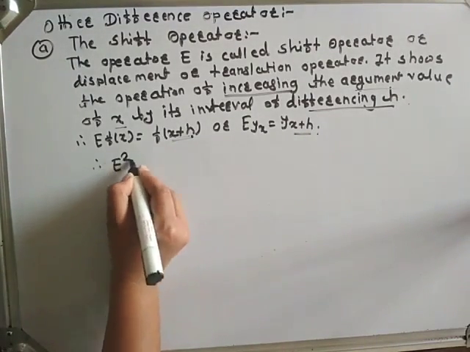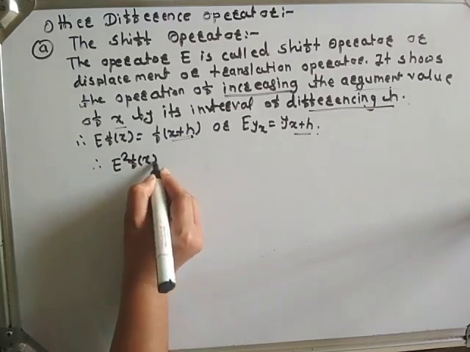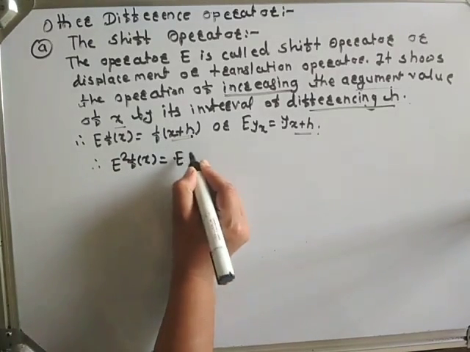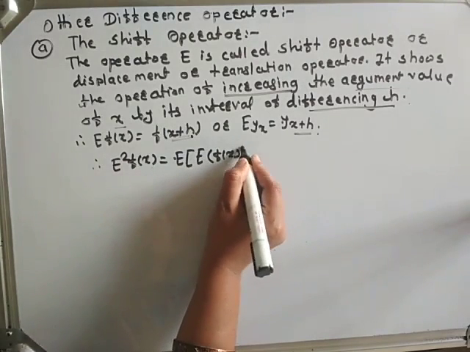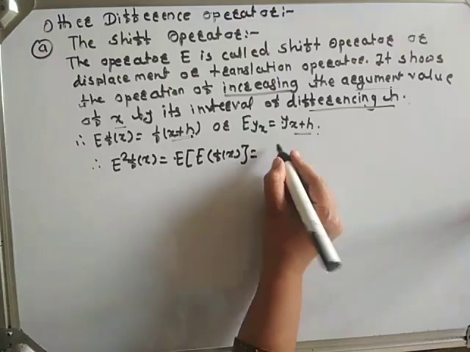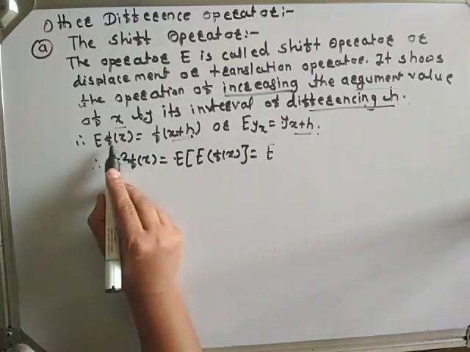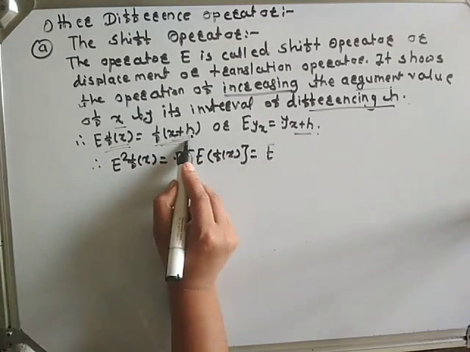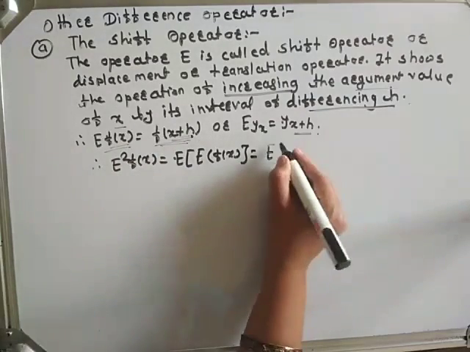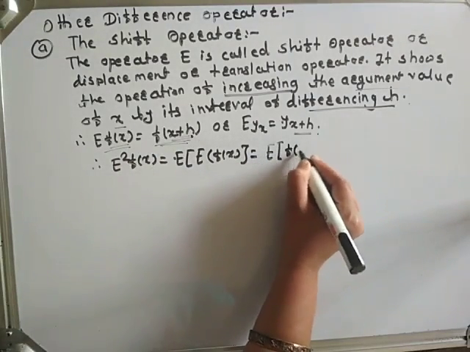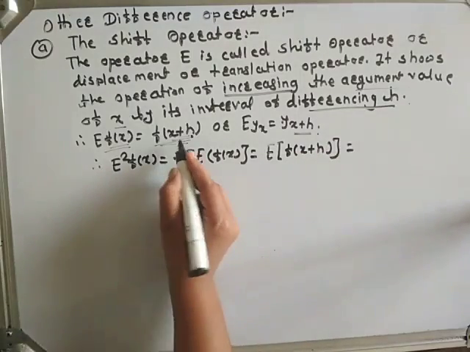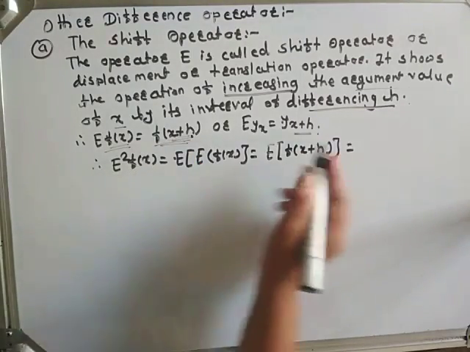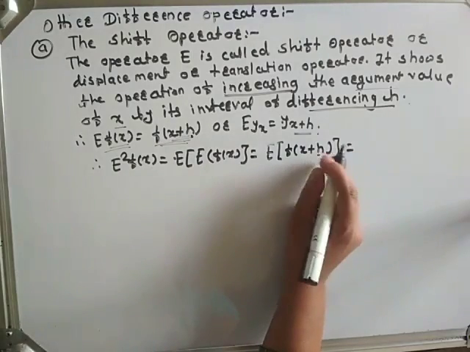Therefore, E square of f of x is equal to E of E of f of x, which is E of f of x plus h. The value of x is increasing by h.